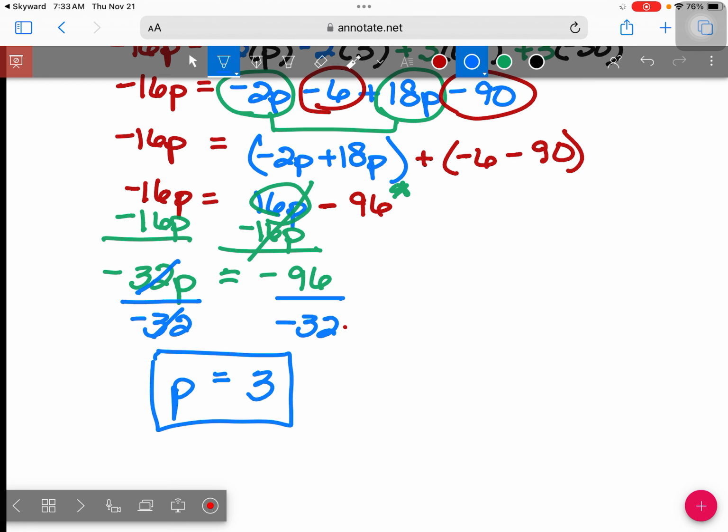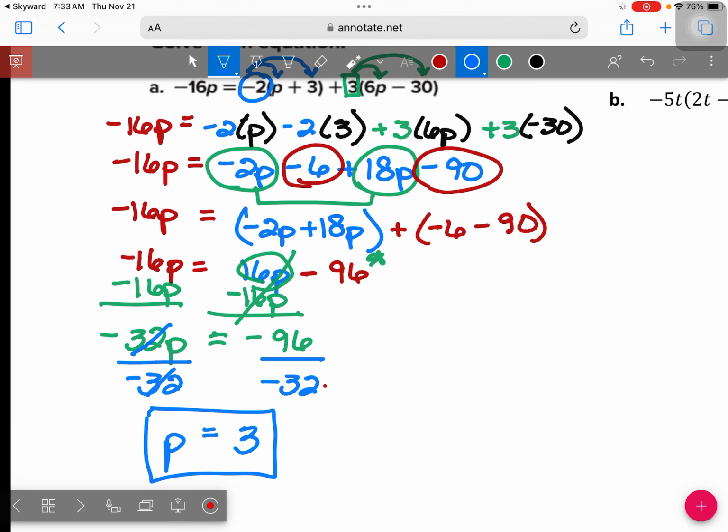So it's just taking it one step further by making it into an equation, okay? You still simplify and distribute all those things that we have here. The negative 2 gets distributed, the 3 gets distributed. You follow everything along, step by step, and end up with p equals 3.